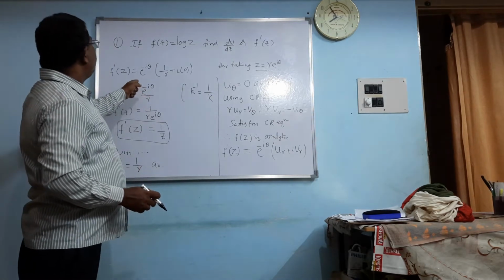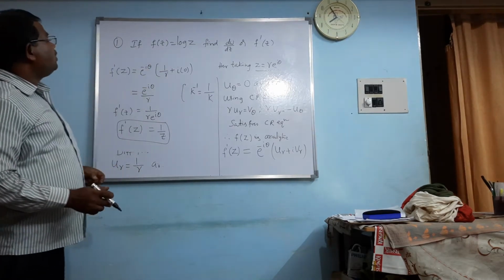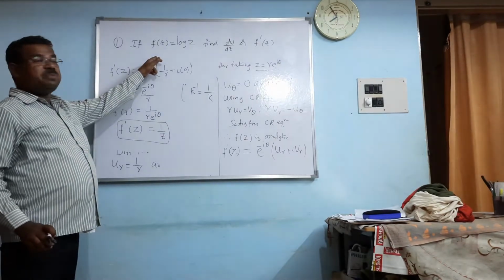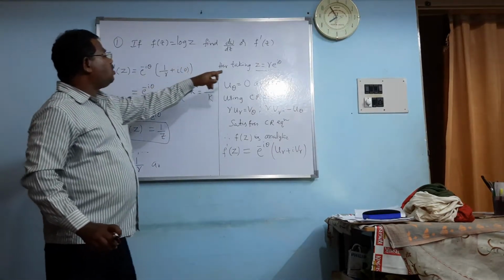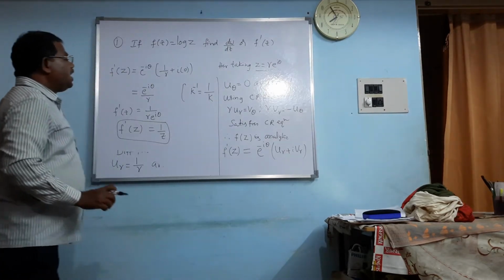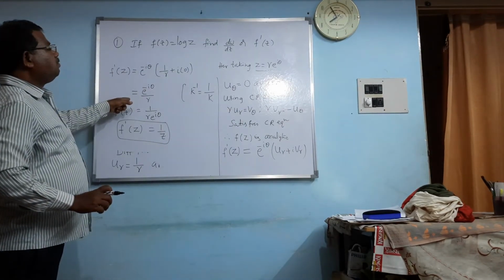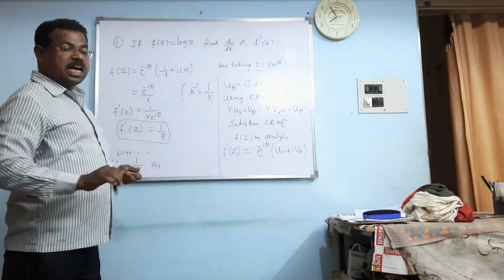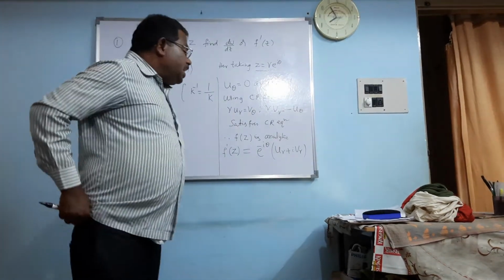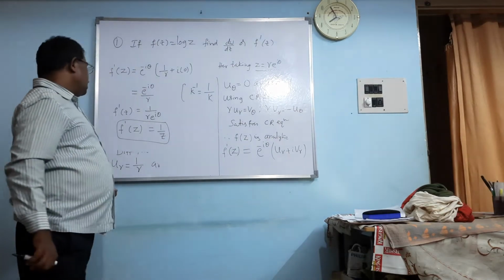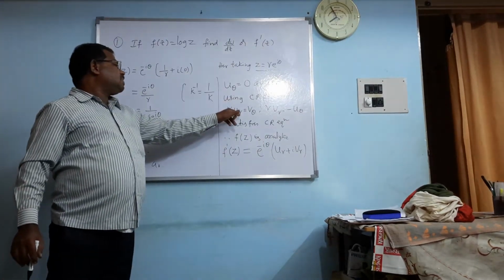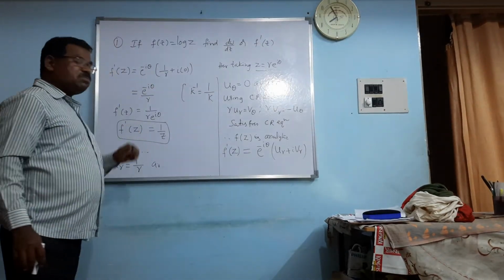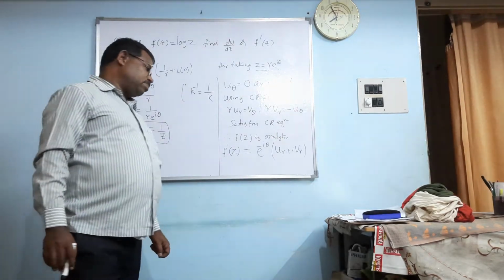First of all, we take f of z equal to log z and find its derivative. Given f of z is equal to u plus iv, take log z, taking z equal to r into e to the power of i theta, then using the logarithmic rule, expand log ab as log a plus log b, then separate the real part and imaginary part, and using the Cauchy-Riemann equations, the equation is satisfied, and f dash z becomes 1 by z. This is the solution of this problem.